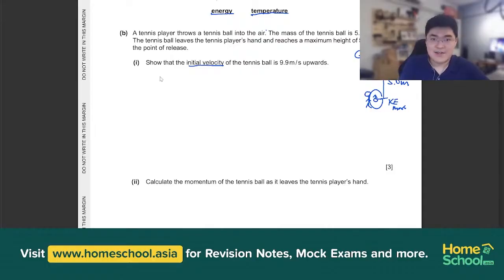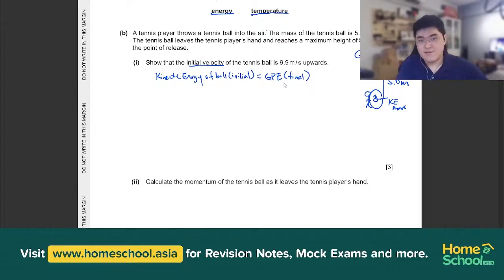So let's write that down. Kinetic energy of ball, which is initial, is equal to the gravitational potential energy of the ball final.